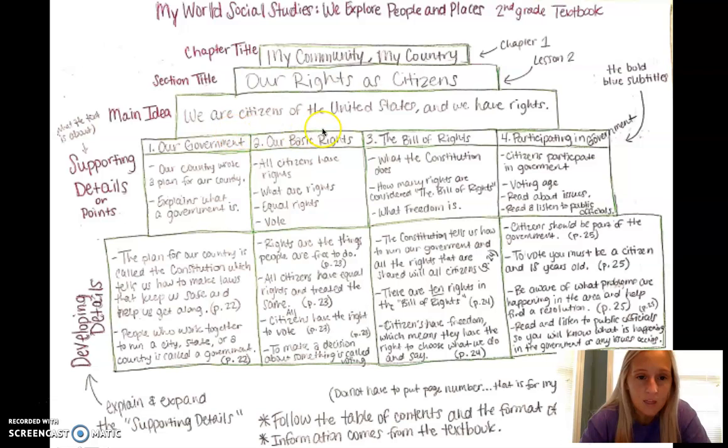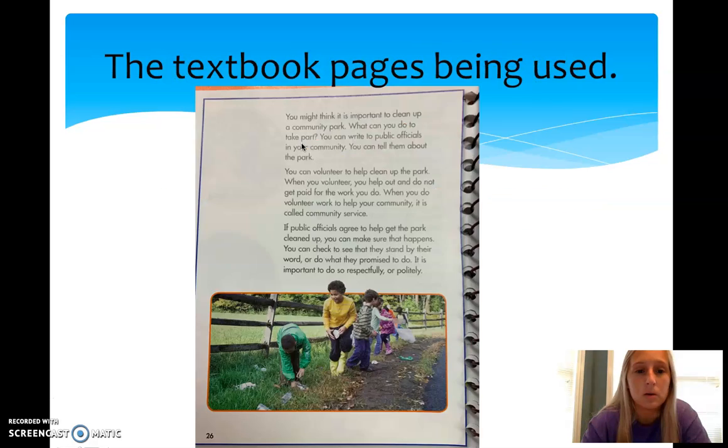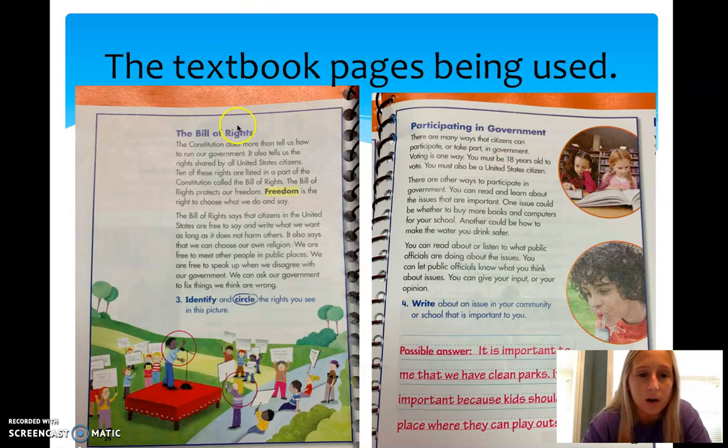The main idea comes from what you think the lesson is going to be about. It's just one sentence that sums up the whole lesson. Then in these little boxes, I'll show you where we get those from. Those are the bold blue subtitles, right here.